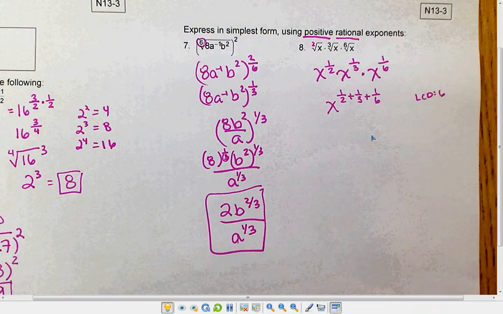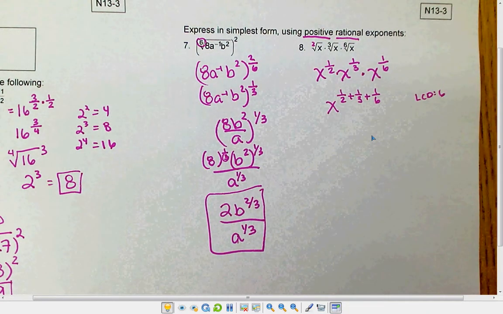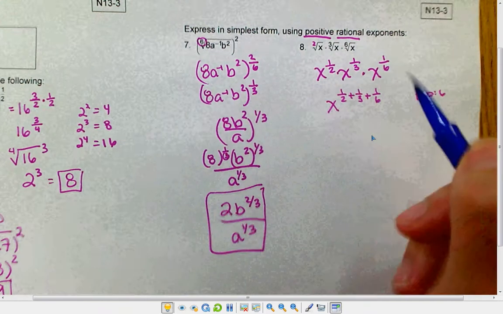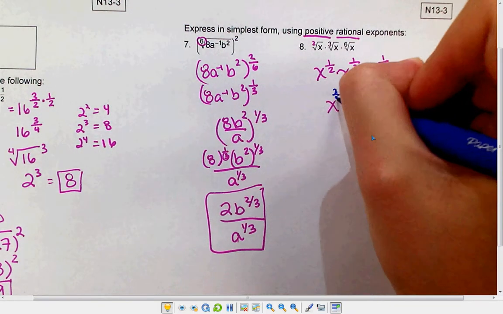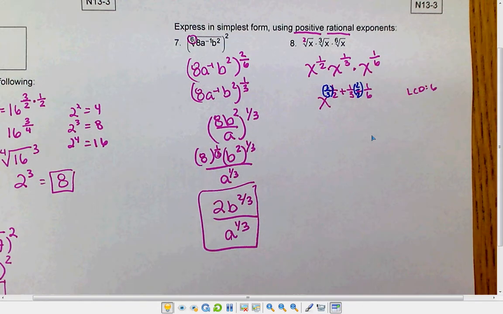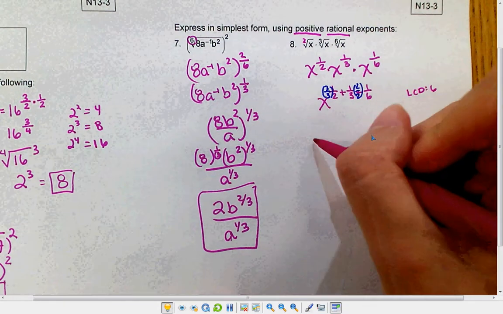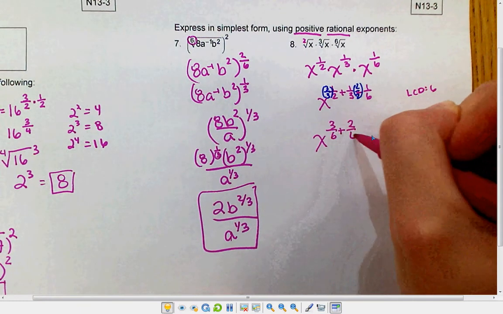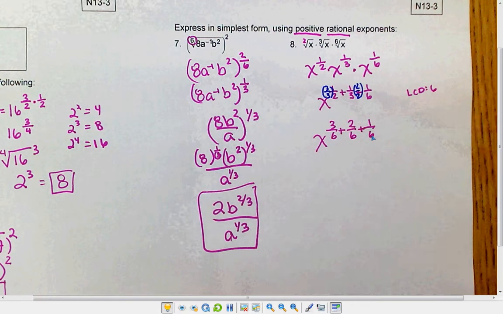To get there, we need to multiply by what's missing. For the 1/2, to make the denominator equal to 6, we're going to multiply by 3/3. For the 1/3, we're going to multiply by 2/2. The 1/6 doesn't need to change. So we have now 3/6 plus 2/6, excuse me, plus 1/6.